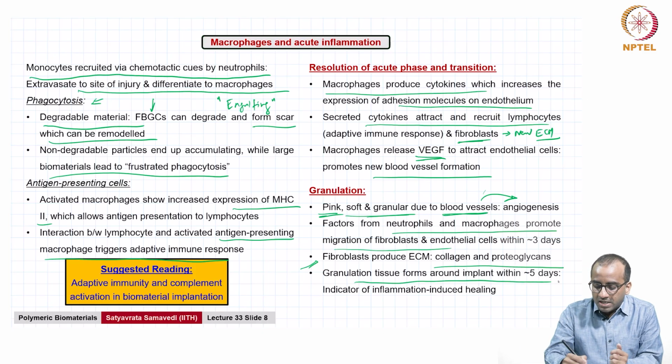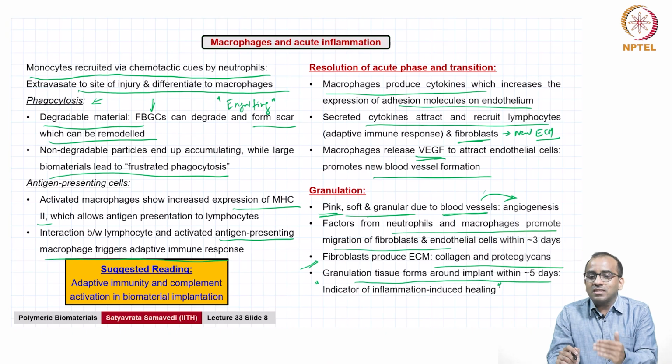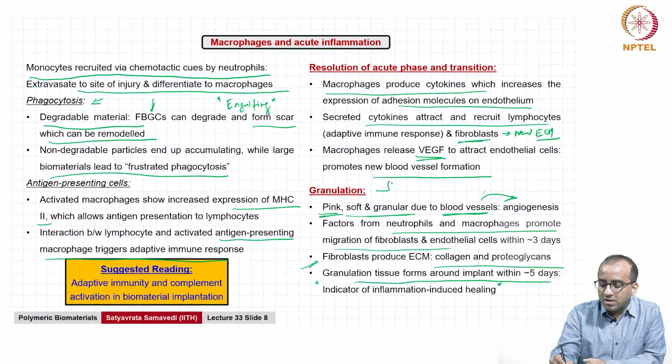And this is typically a good indicator of inflammation-induced healing. So this appears as pink, soft and granular tissue, and this is typically what surgeons will want to look for once healing has begun. Now, granulation tissue in normal wound healing will eventually lead to a healthy scar formation. So you can divide this into two.